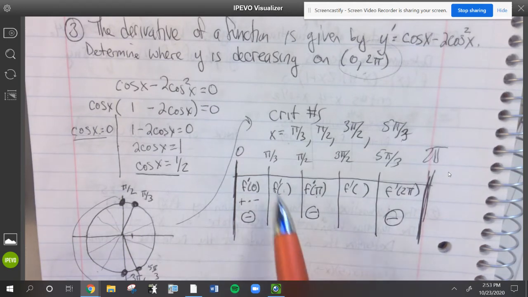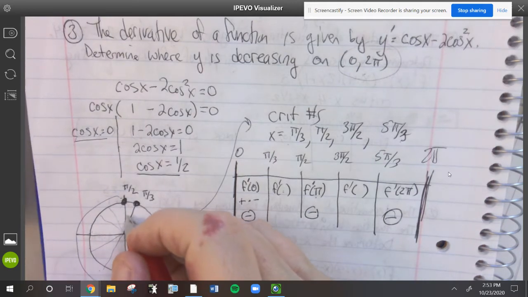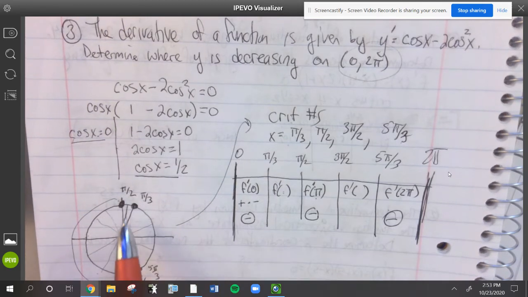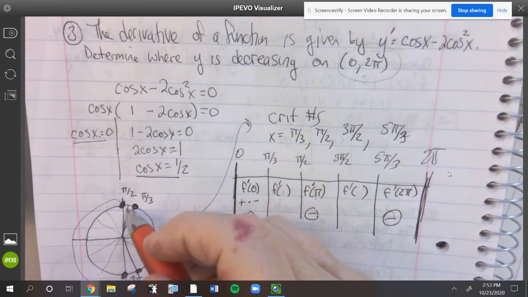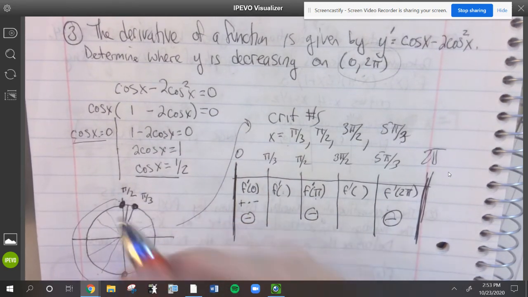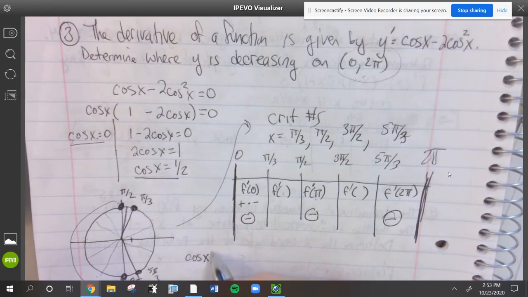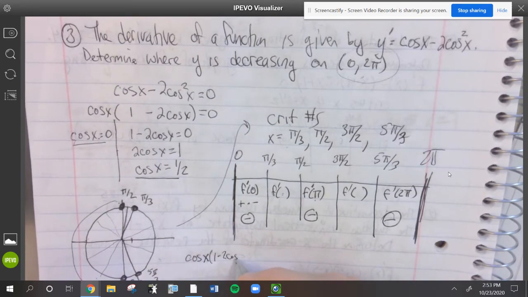So let's go back here. We need to figure out what the derivative is right here. Now, cosine is x. So this is what we want to think of. Cosine of this angle is positive because x is positive. So here's what I'm thinking right now, without even mentioning what this angle is. I'm just using my unit circle.